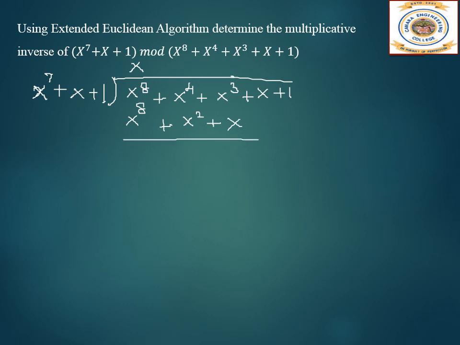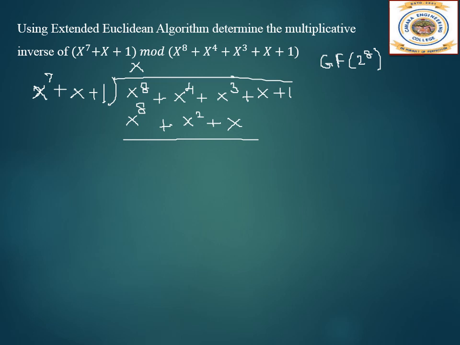So this is GF of 2 to the power 8 field. Here addition and subtraction are both the same. If I add, 2 mod 2 is 0, and if I subtract, 1 minus 1 is 0.